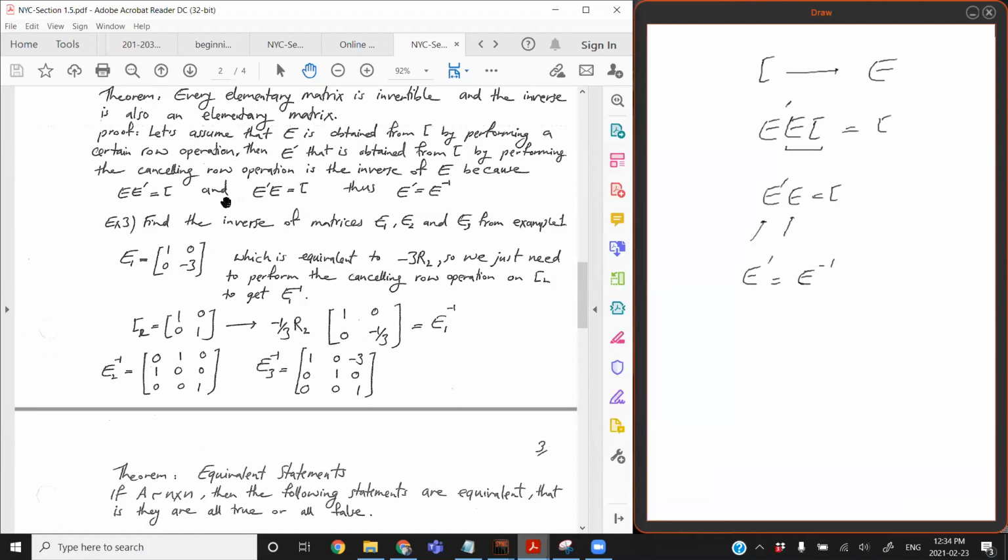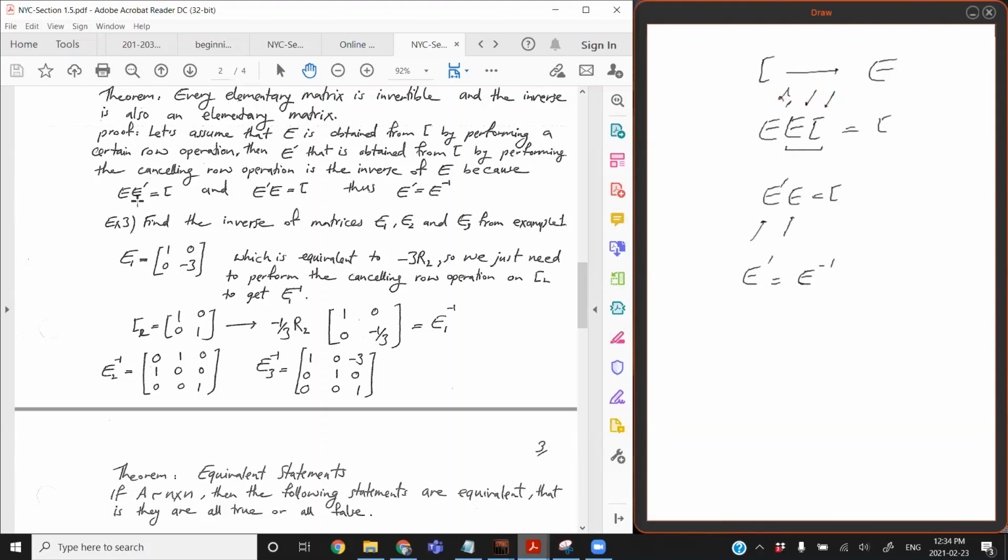because if I multiply E by E prime on the left, or if I multiply E prime by E on the left, it's as if I am performing the canceling row operation. So I began with I, performed a row operation on I, got E. Now I do the canceling row operation.